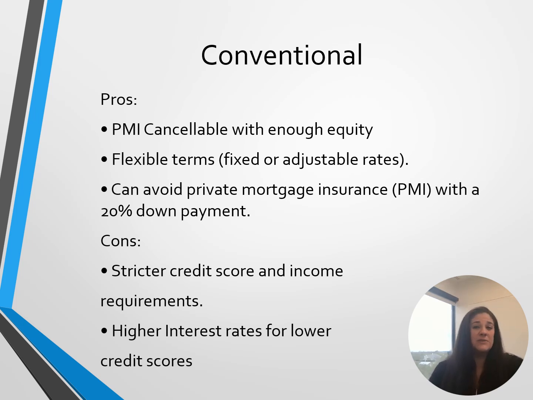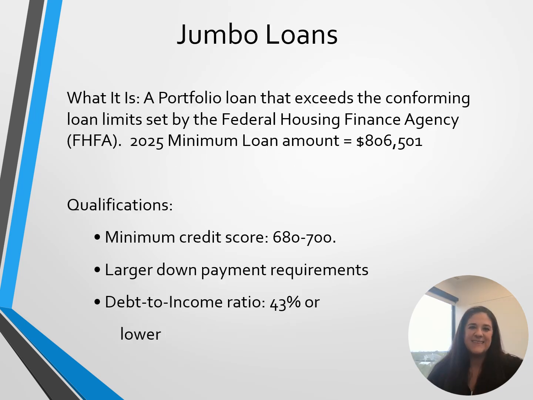And if you put down at least 20%, then you wouldn't even have the private mortgage insurance. You don't have to start with that. Some of the cons, it is a little harder to qualify for the conventional loan. There's stricter credit scores and income requirements, and there's sometimes a higher interest rate, especially if you have a lower credit score.